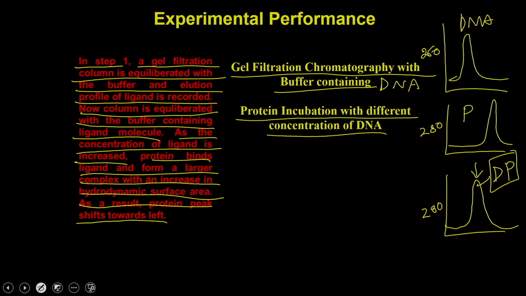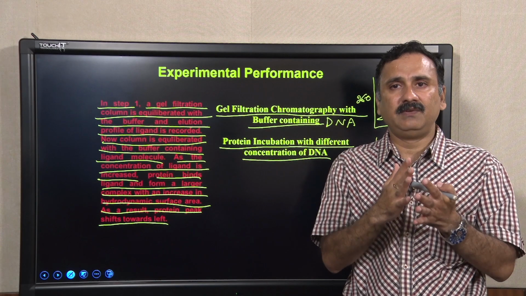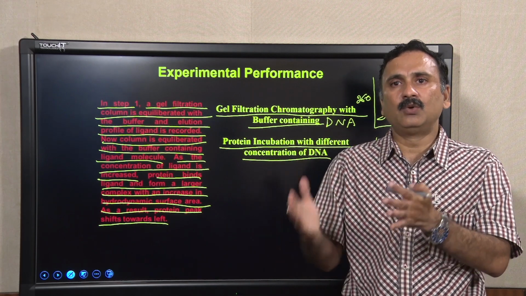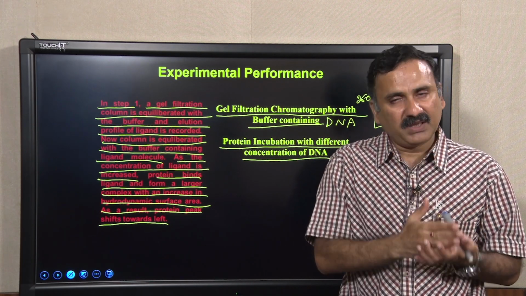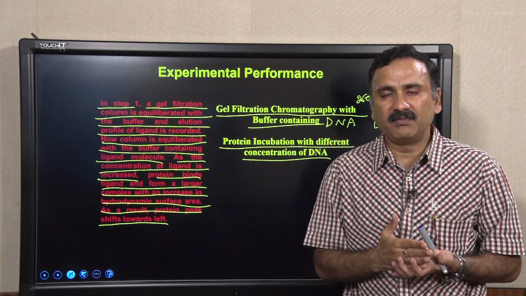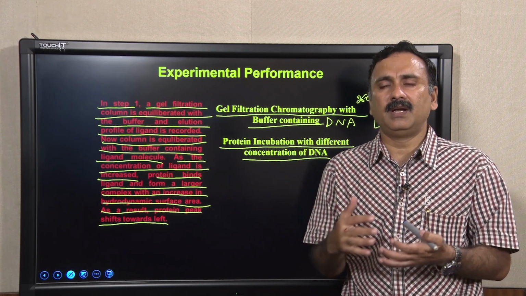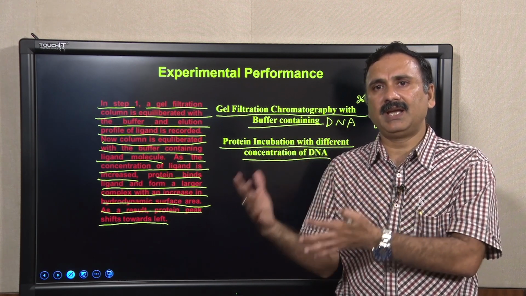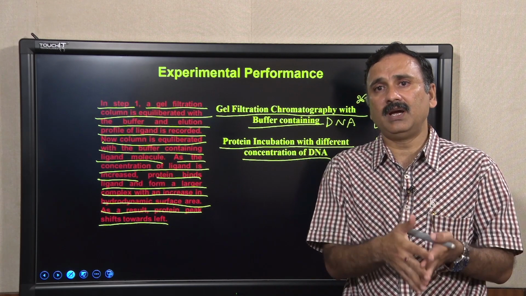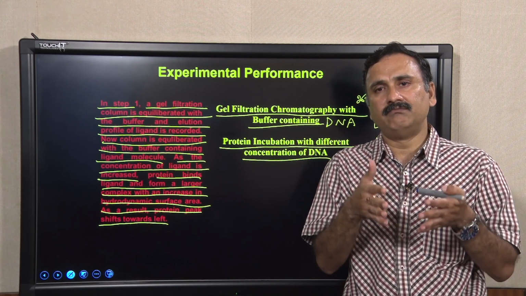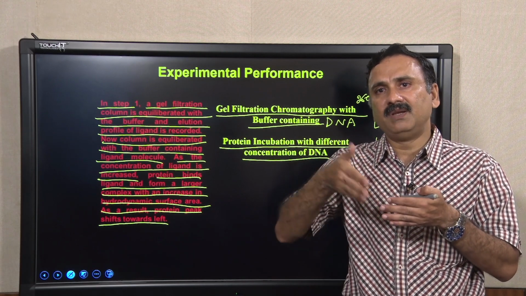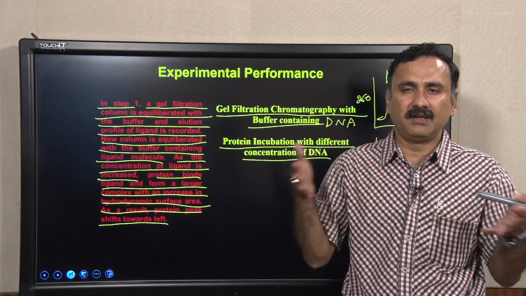Now, the question is, if you get a change in the peak of the protein, that could be specific, or it could be non-specific. Especially in the case of DNA, which is a molecule with very diversified charges, and it has the bases.